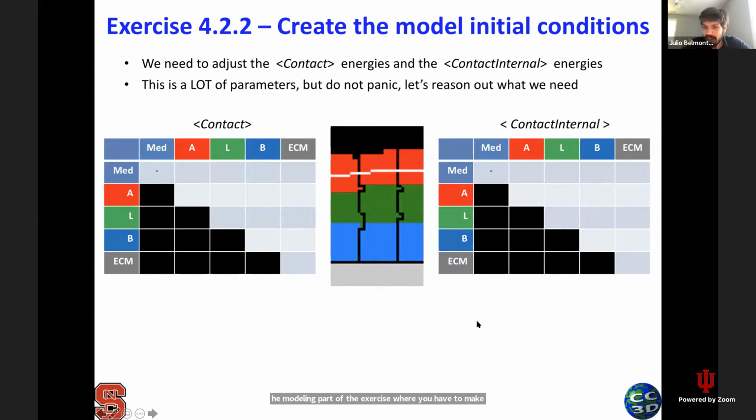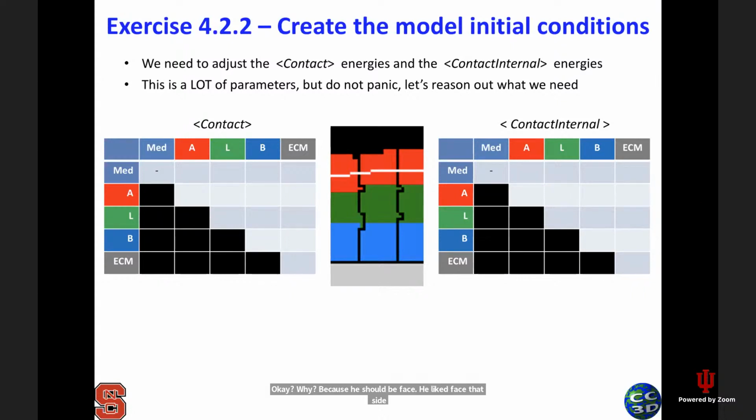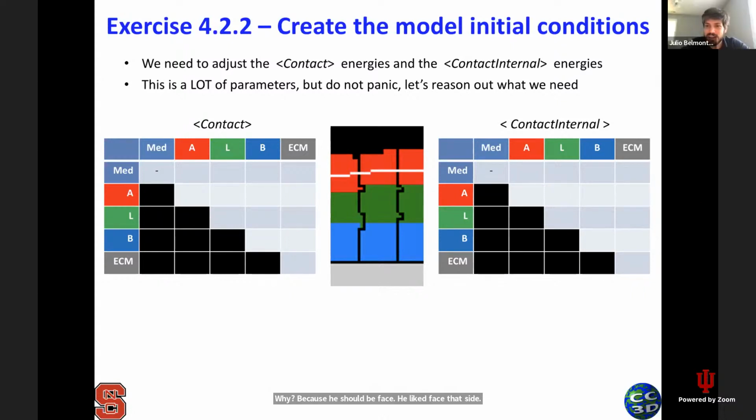Ajay said that apical and medium should be low. Why? Because you like to face that side, right? What else should be low by the same criteria? The basal to the ECM.